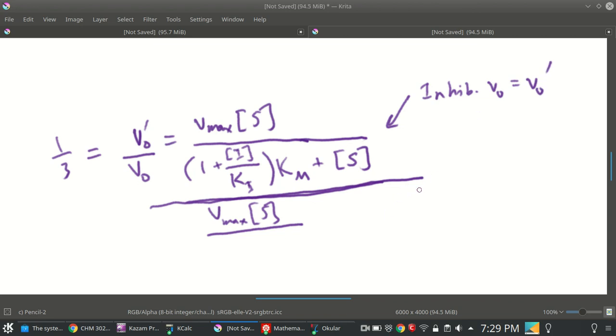The inhibited V naught over the original V naught is 1/3. So this is the inhibited V naught, and right here, this is the original, the not inhibited V naught, and that is just Km plus S, right? This is the inhibited V naught, formula was given, and the uninhibited V naught, which is just unadulterated Michaelis-Menten equation. So that is V naught prime over V naught. That equals 1/3.